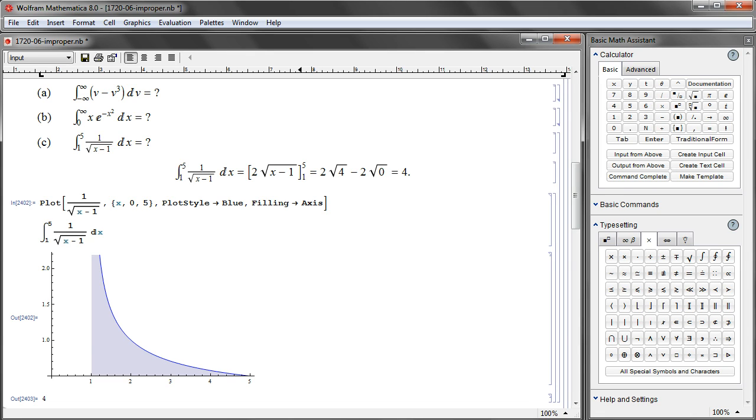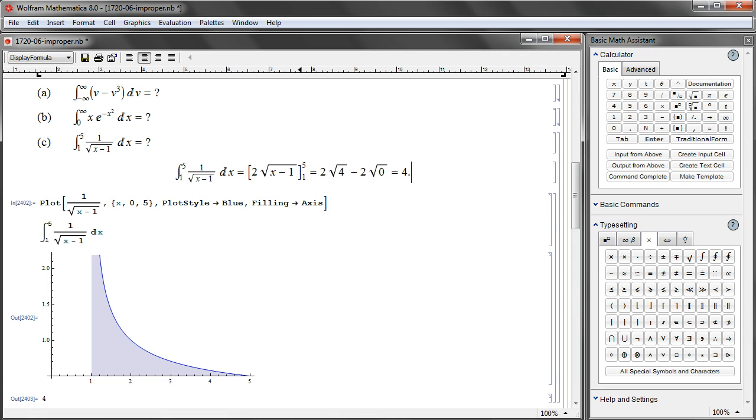Calculate the integrand, and we end up with 2 square root of x minus 1. Plug in 5, plug in 1, subtract one from the other. What do we have? We have a finite value. That means we have a finite area, and then consequently this improper integral is valid.